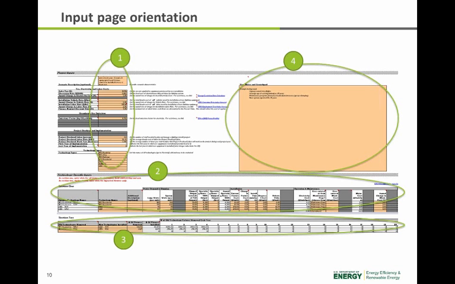And to go back and describe these other sections, the global project level inputs are in section 1. Section 2 is the fixture-specific inputs, where you enter data like wattages for all fixtures examined. And then section 3 is where you enter which fixtures are going to be removed, which are the replacing fixtures, and how many.